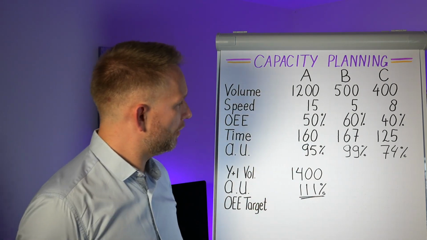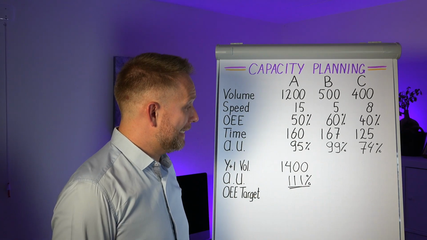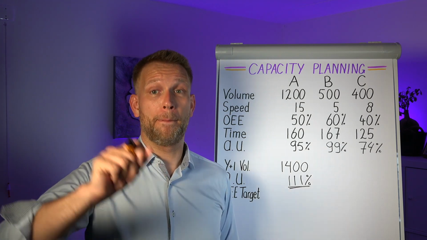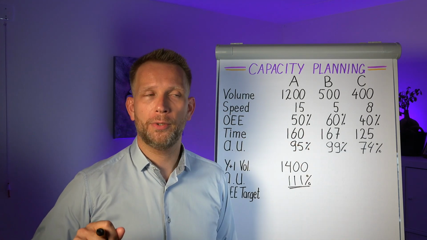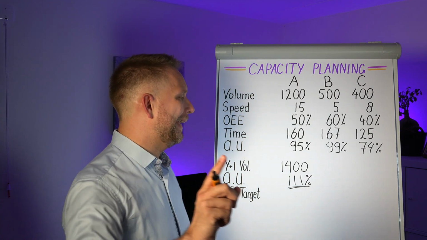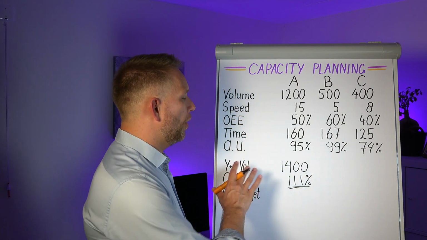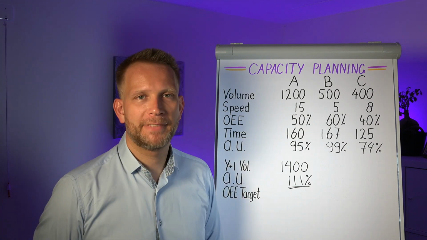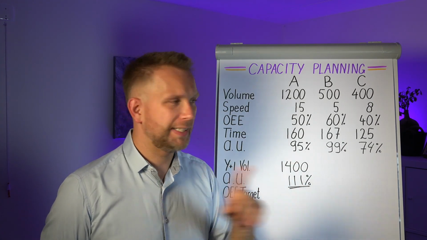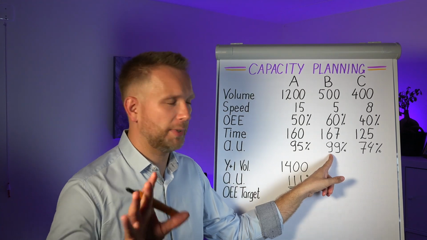But in this case, when we're already talking 24/7, the only real way to get this out, apart from buying a new line or offloading product to another line, is to improve the OEE. And here, I will tell you, we want an asset utilization of about 95%, right? We don't want to aim for 100. This actually is too high already, but we'll get to that.